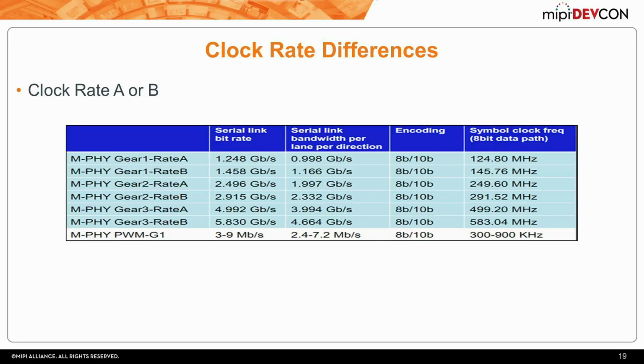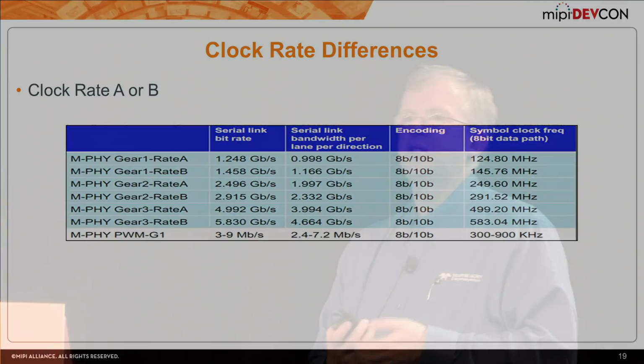And then at the bottom here, we have the PWM gear 1, which is the low speed mode. Depends on the upper layer protocol also as to which gears are supported. For example, MPCI or SSIC must use a high speed mode, but UFS can use data transfer and low speed mode as well.